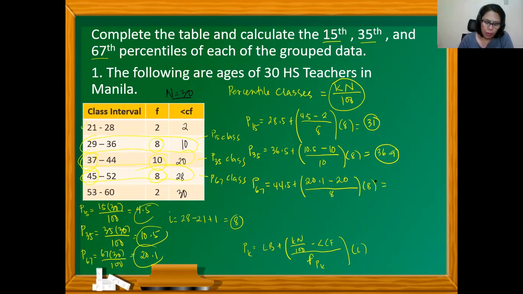So we have 44.5 again plus the product of the first factor and the second factor. So we have 20.1 less 20 all over 8 and then times 8 again. So we have 44.6 here, which is the value of P sub 67.